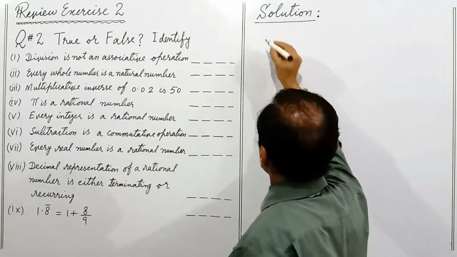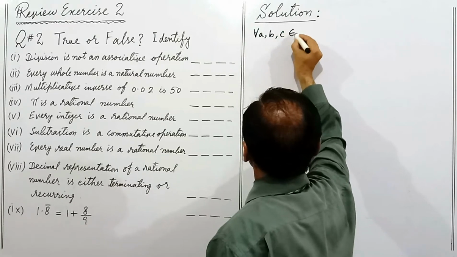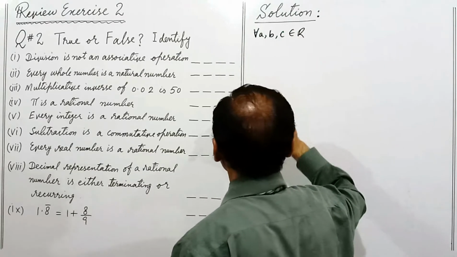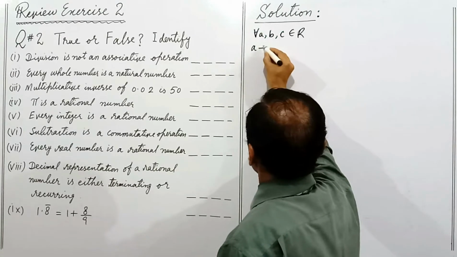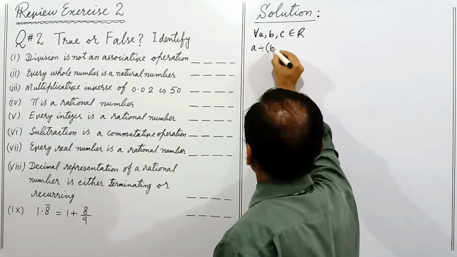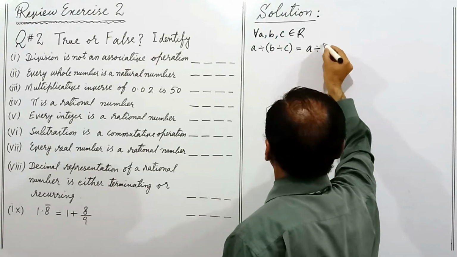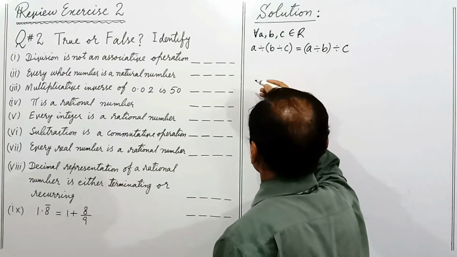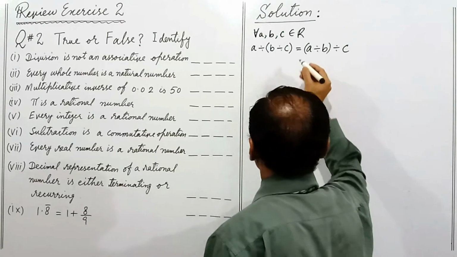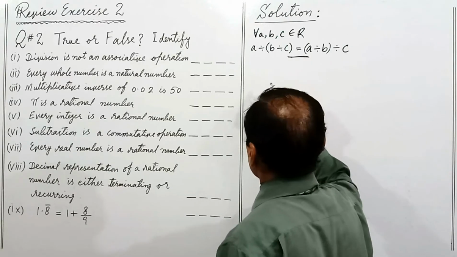An associative operation is, for all a, b, c belonging to R, we have three variables, any three variables belonging to R, (a divided by b) divided by c equals a divided by (b divided by c). So let's check with an example whether the equality exists or not.